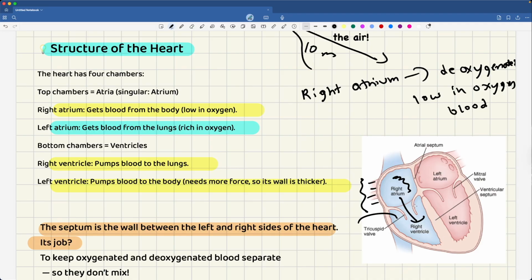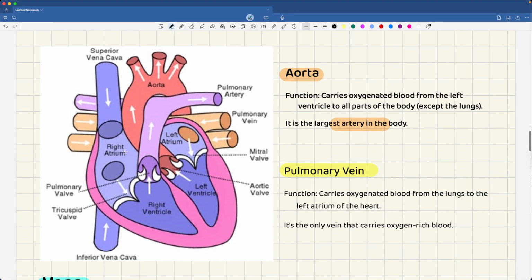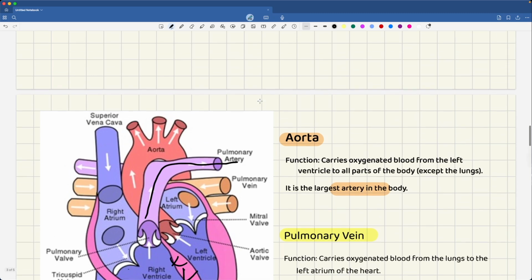So after it pumps blood, let's look at a more detailed diagram. Look, blood is coming from these veins and it enters the right ventricles, and when these ventricles contract, blood is pushed through the pulmonary artery.